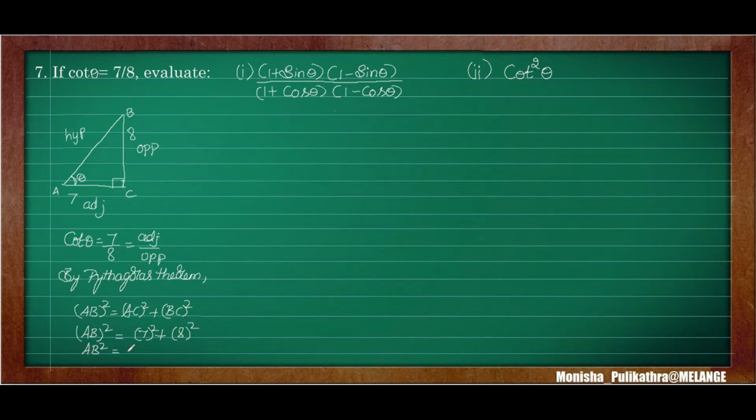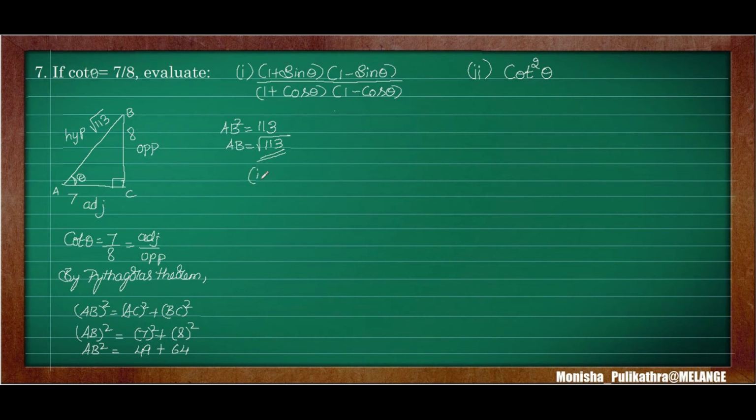So AB square is equal to 49 plus 64, which is 113. AB is equal to root of 113. 113 is a prime number, there is no square root of it, so let it be AB is equal to root 113. So the value of hypotenuse became root 113. Now we need to solve for this.